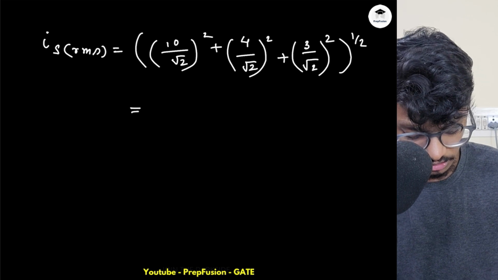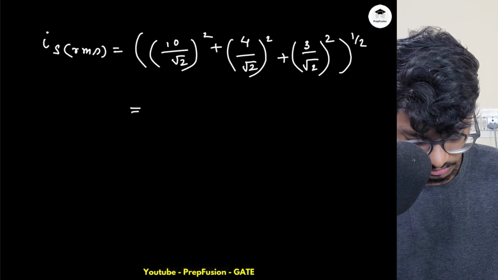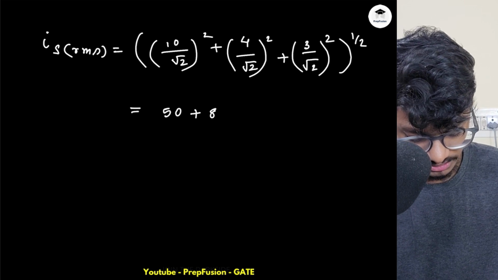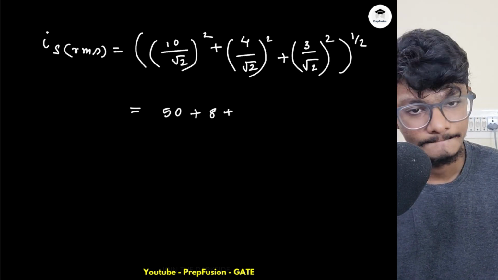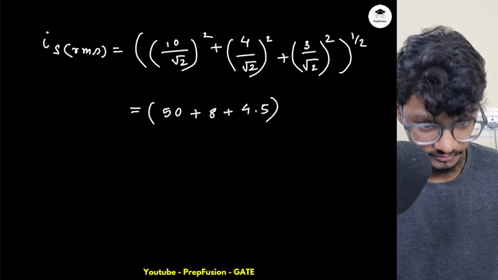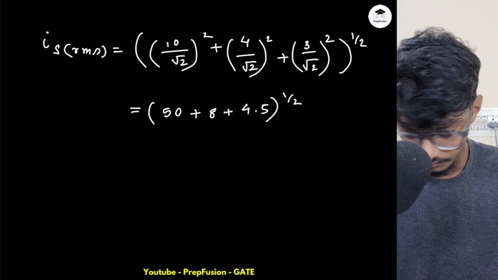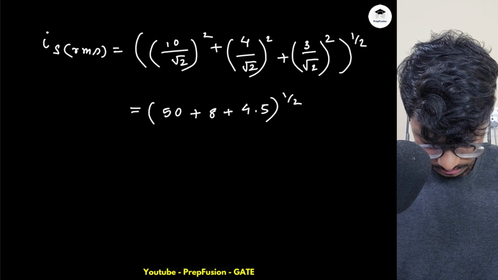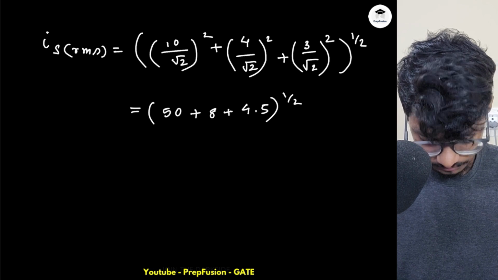So what will this be? This will be 100 by 2, that is 50, plus 16 by 2, that is 8, plus 9 by 2, that is 4.5. I'll compute this real quick: 50 plus 8 plus 4.5 under root.